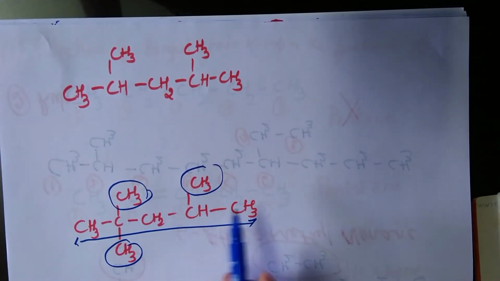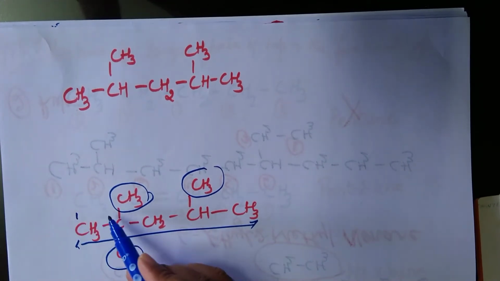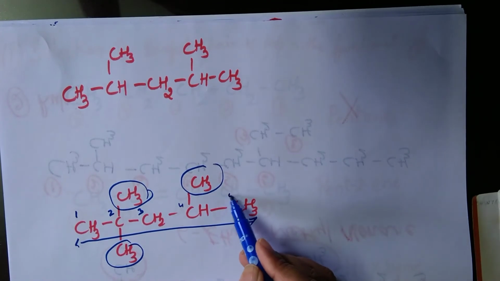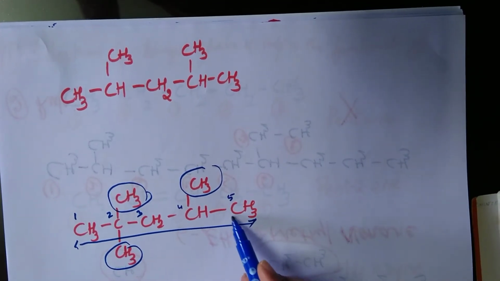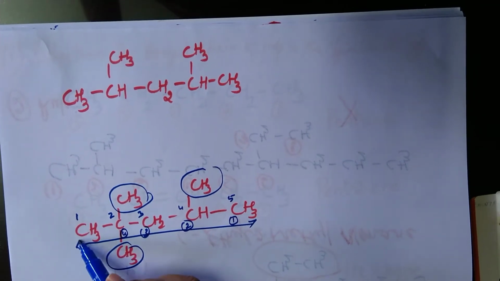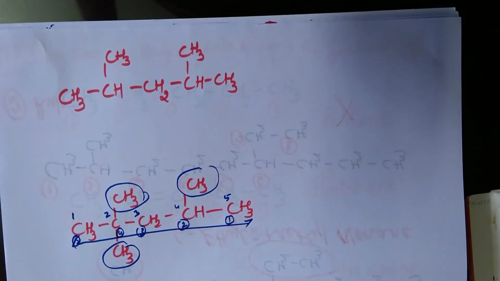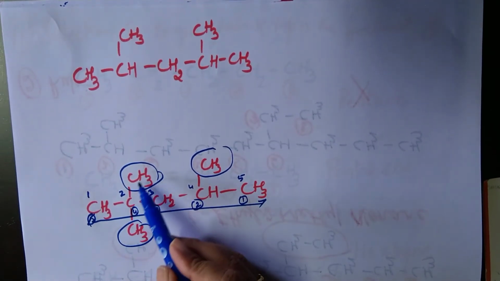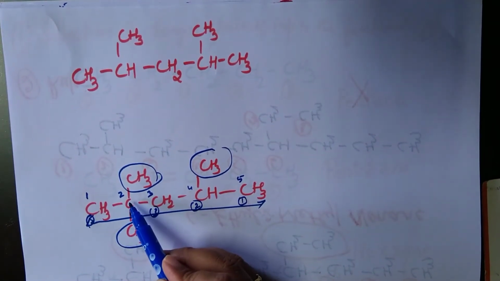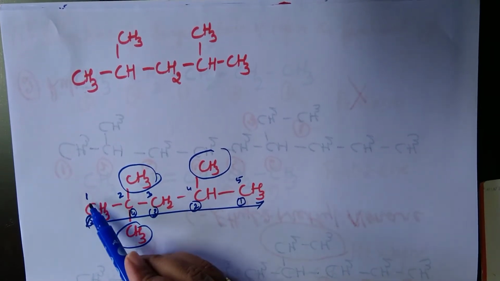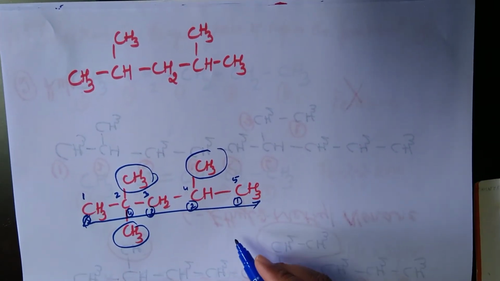If I number it from this side, it will be 1, 2, 3, 4 and 5. If you number it from this side, it will be 1, 2, 3, 4 and 5. Which rule should you follow? From which side should you number it? The position at which your substituents are present is called a locant. So the locant for these two methyl groups, if I take the upper line, it will be 2.